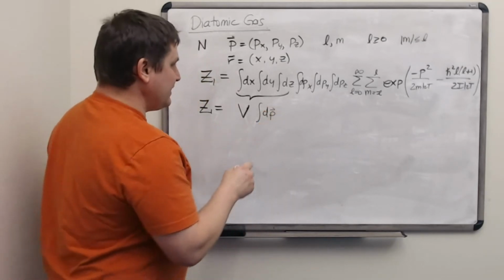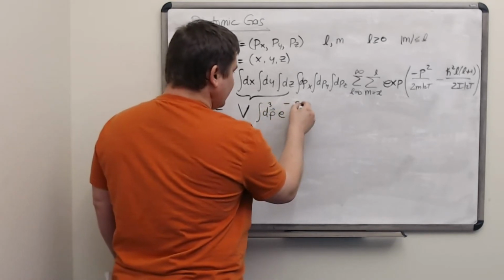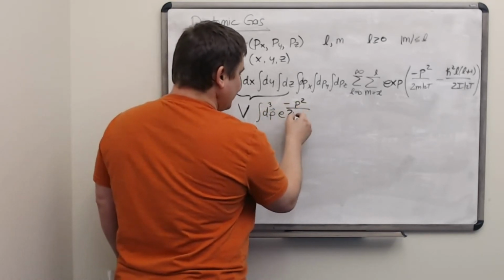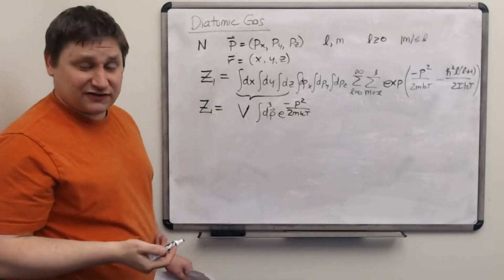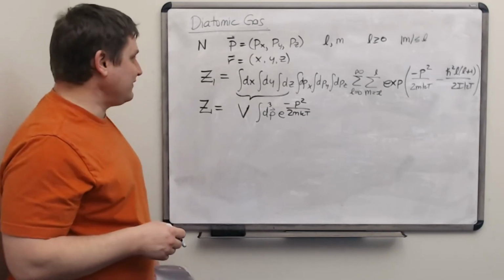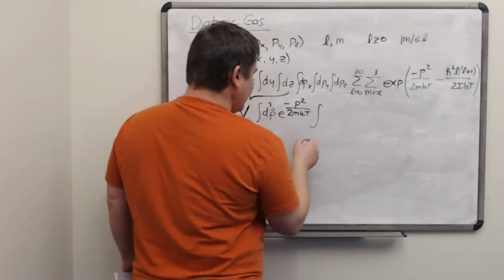We can treat this as a three-dimensional integral, and it's an exponential integral. It's actually one of those Gaussian integrals, right? Because we basically just have a Maxwell distribution here for the translational momentum. So we'll look at that separately.